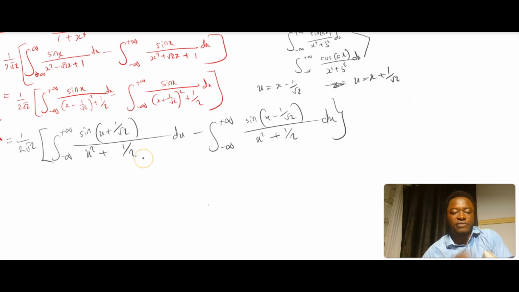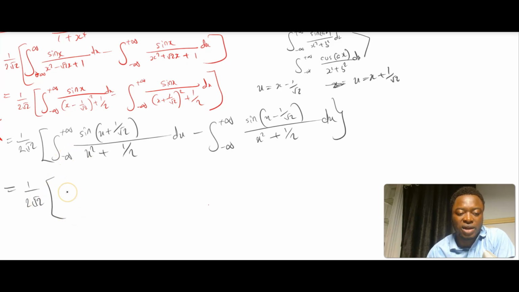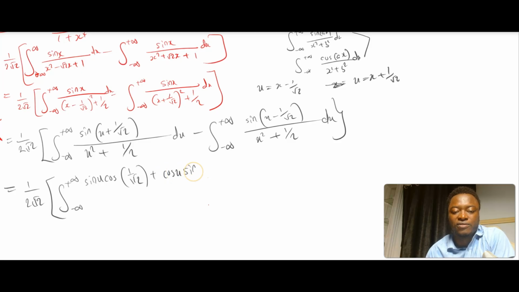Now if we continue in this fashion, this would equal 1/2 square root of 2, and then for this part here, you have the integral from negative infinity to plus infinity of sine of u times cosine of 1/square root of 2, plus cosine of u times the sine of 1/square root of 2, divided by u squared plus 1/square root of 2 all squared.